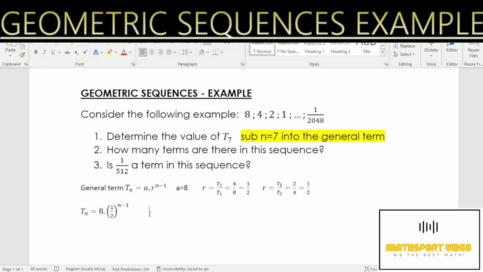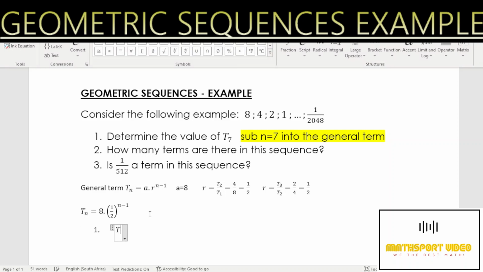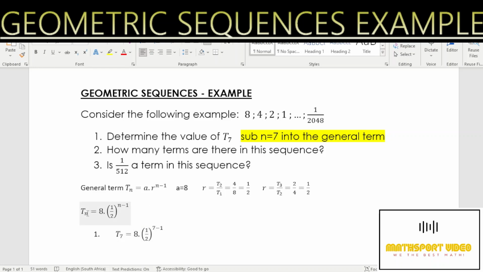So for question number 1, T7 is equal to our formula, but we replace n with 7. Remember, there are 2 places where we see n: here is a subscript, and here is an exponent. We have to replace both of those with 7.